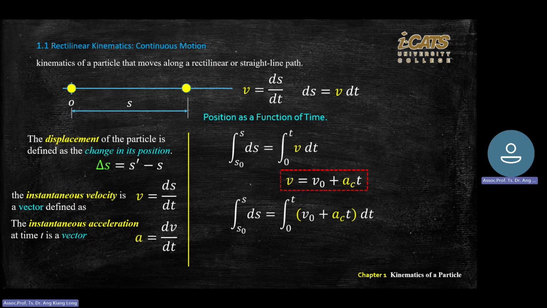Okay, understand? So what is the difference between these two if you do not substitute? If I plot the graph, this one you'll get a linear graph like this.